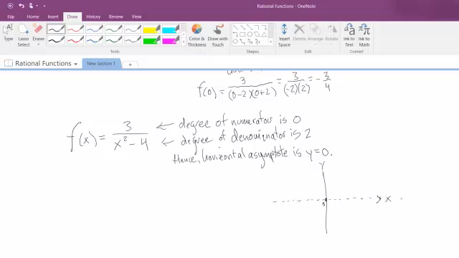Why is it true, though? You could memorize this rule about the degrees, but what's happening is these numbers get large. If I put a 10 in here, I get 10 squared minus 4, that's 96. 3 over 96 is approximately 0.03. It's not quite there, but it's about 0.03.